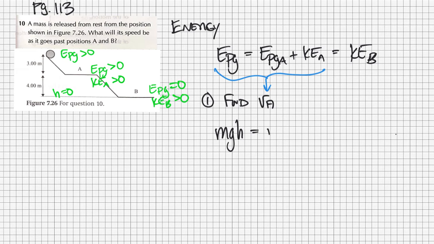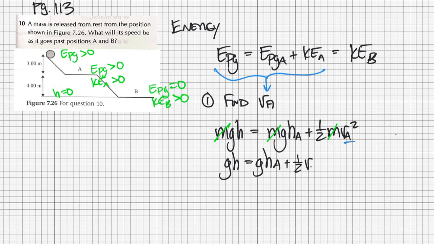It's going to equal mass times gravity times the height at A plus 1/2 m v A squared. And this is what we're looking for. Our masses are going to cancel out. And then writing this over, g h equals g h A plus 1/2 v A squared.